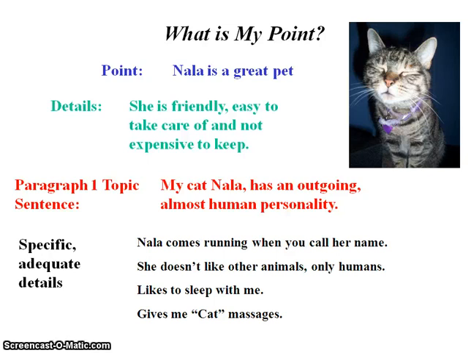So, if my point is Nala is a great pet, I can write that. I can also give you a small amount of details. She is friendly, easy to take care of, not expensive to keep. But still, I need to develop this some more. So I'm just giving you an outline. And when you're writing for whatever assignment you're writing for, I want you to continue to develop and give more than you think is necessary.